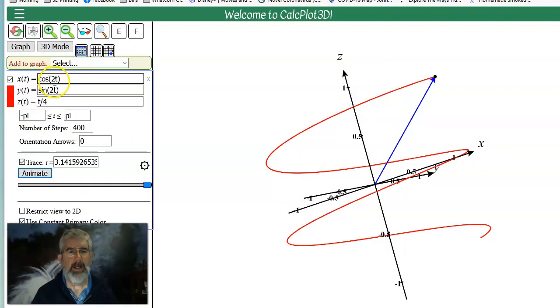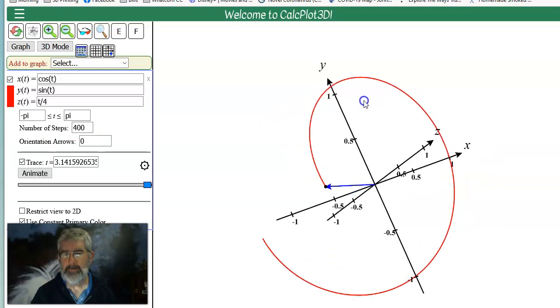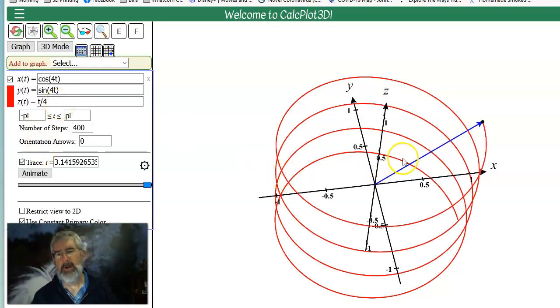If I go back to the original cos t sine t, it's only 1 cycle. So you might imagine I could get it to do more, like 4, and now it's going around 4 times.